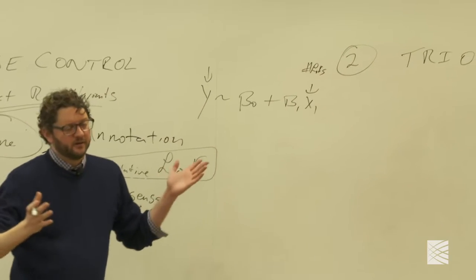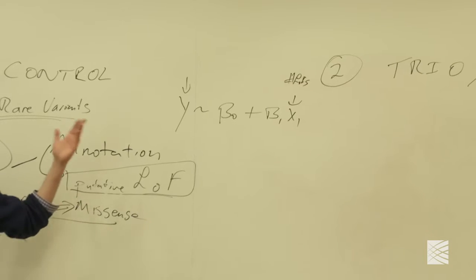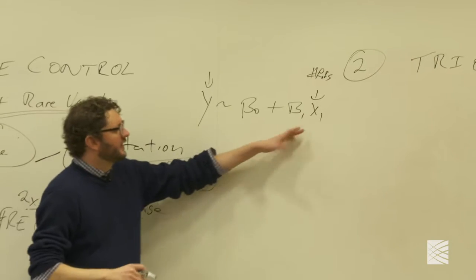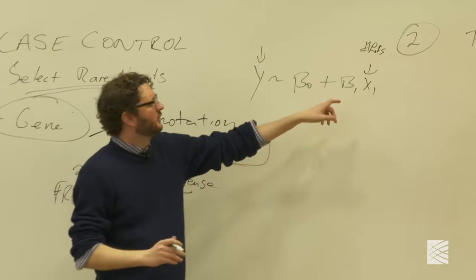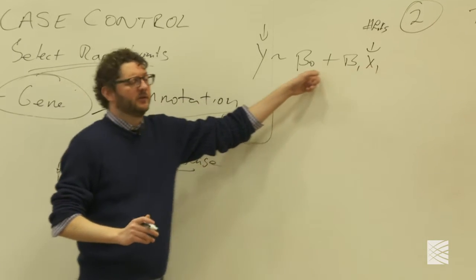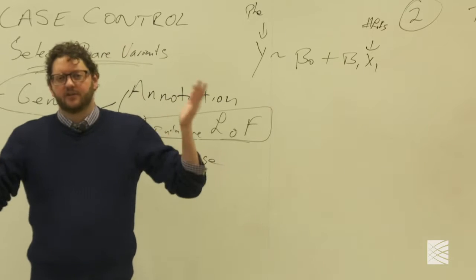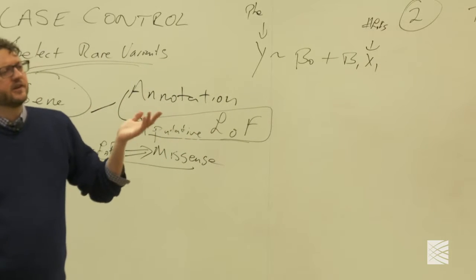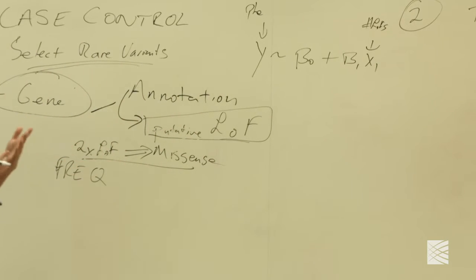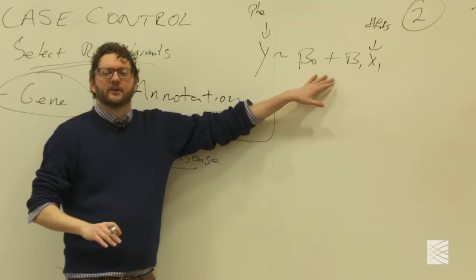Typically people really only carry one for most genes, since LOFs tend to be pretty rare. And then this is our test, right? It's just a simple regression. We're estimating the impact of loss of function mutations on some phenotype. You can do this for a linear regression if it's quantitative. You can do it for logistic regression if you want to do a case control kind of analysis. This is all pretty nice and straightforward.